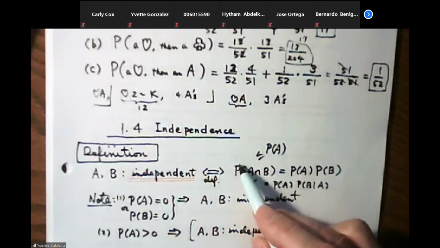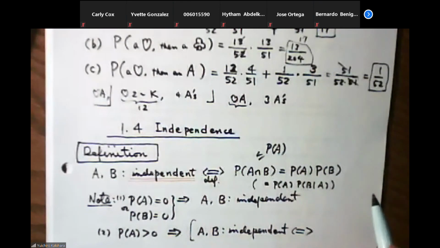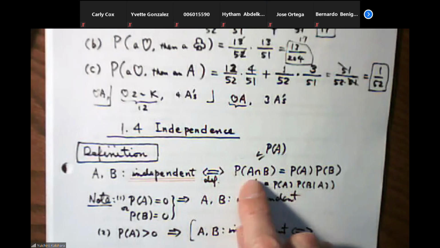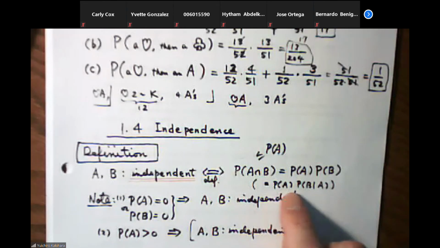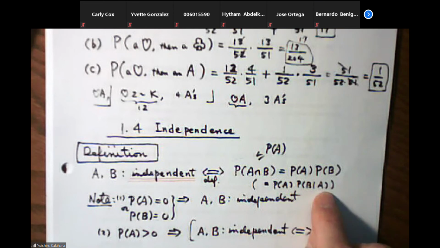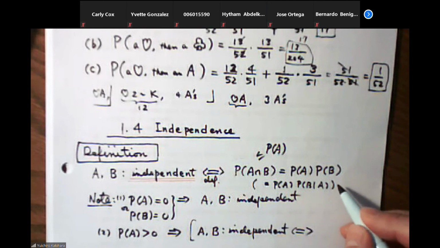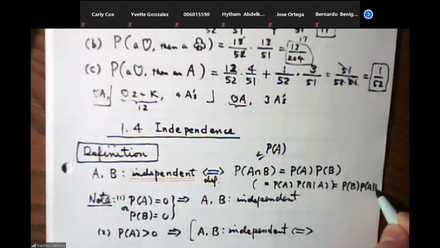And also this is equal to P of B times P of A conditioned by B, which is also true when P of B is positive.